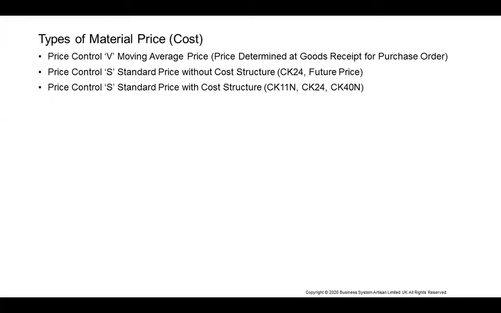Now the third option is standard pricing with cost structure. We have these transactions like CK11N, or we can mark and release using CK24, or we do this collectively using CK40N.